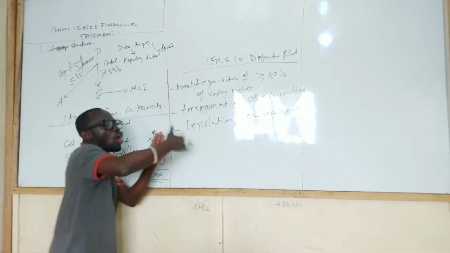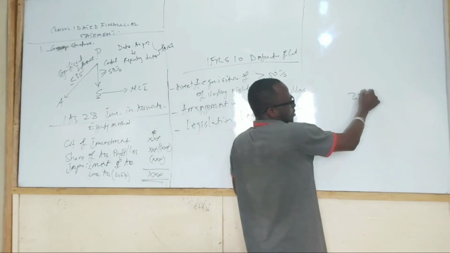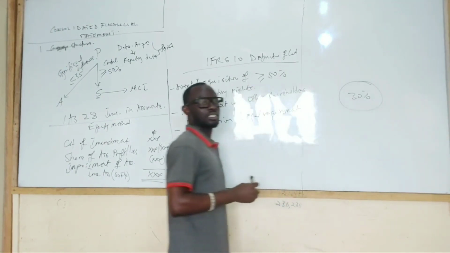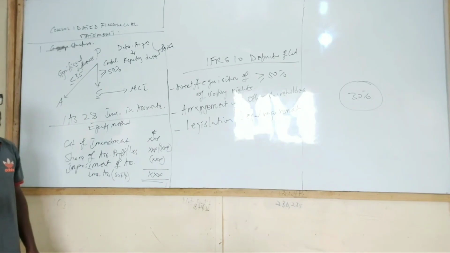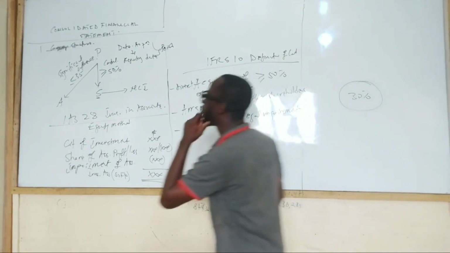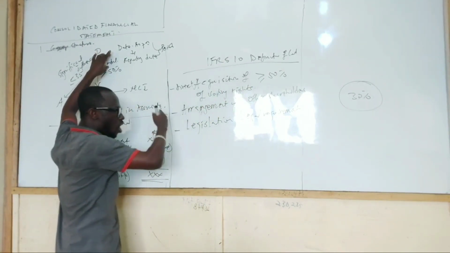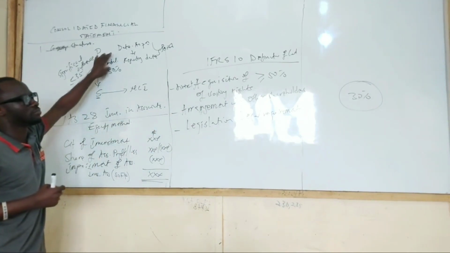So if the law is like that, even though we bought 30%, by law you are still our subsidiary, and we are going to account for them fully. So these are some of the ways through which we can obtain control: either we directly invest, or we make an arrangement, or by legislation.